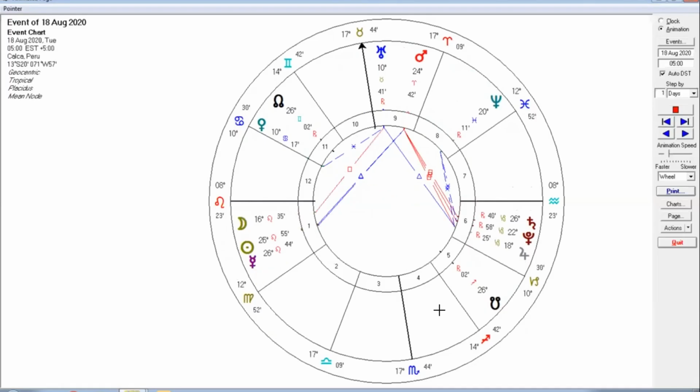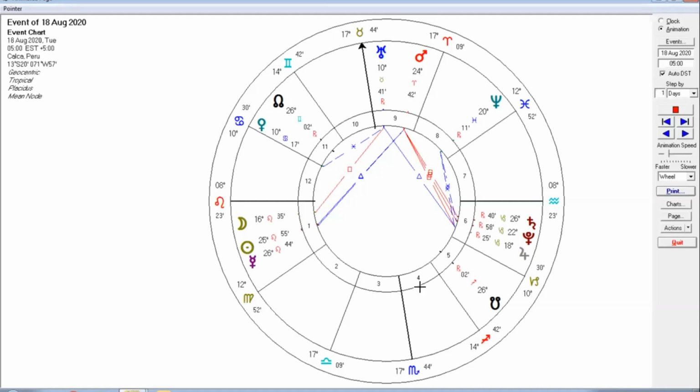So in terms of the signs of the zodiac, the moon will move through all 12 signs in a lunar month, more or less 28 and a half, 29 days, new moon to new moon.